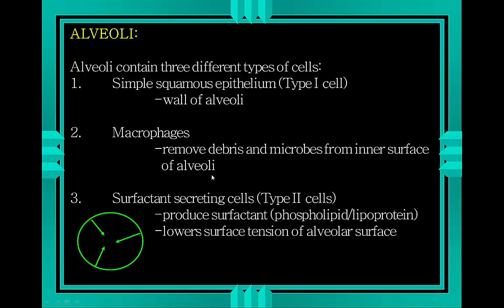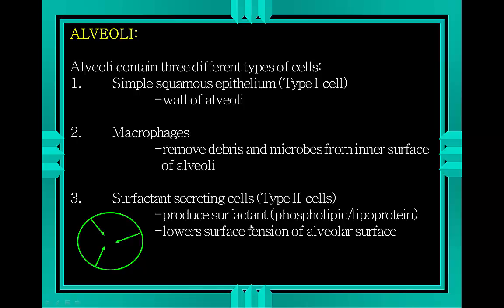And the third type of cells we'll see in the next overhead are the surfactant secreting cells, or the type 2 cells. Surfactant is a watery substance containing phospholipids, or lipoproteins, which are kind of just like a detergent. Now, why is this important?